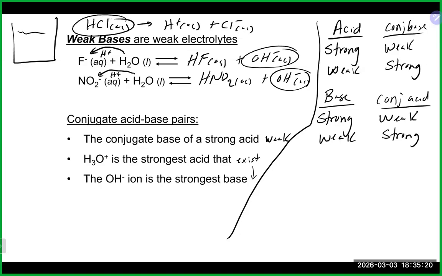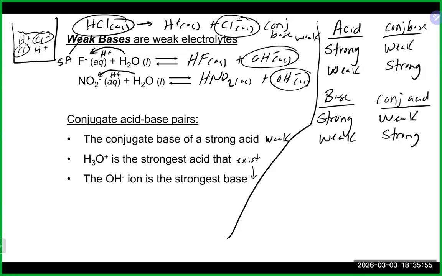Now, this HCl is a strong acid. This would be its conjugate base, which means it's going to be relatively weak. So when you have this in solution, you're going to have a bunch of Cl minuses and H pluses floating around. The deal is these Cl minuses are simply just going to float around. They're not going to react with anything. They're not going to continue to react, and they're not going to affect the pH of that solution because essentially they're just going to hang out, almost like a spectator ion, floating around, not really doing much.